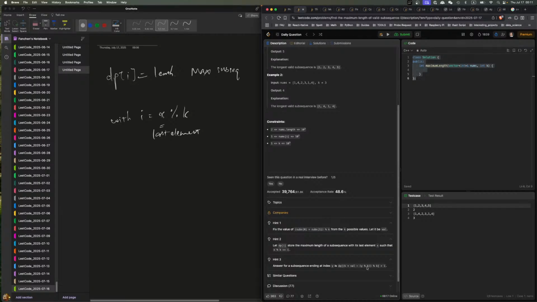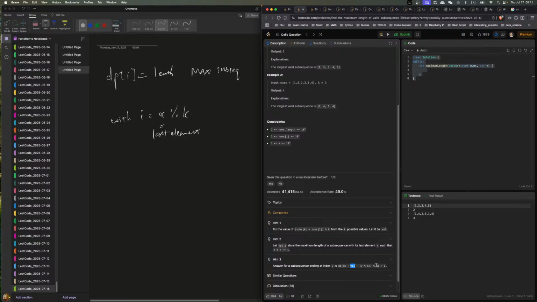Like, what the hell is this? Why mod k? Why isn't it index? So this plus val, I feel.